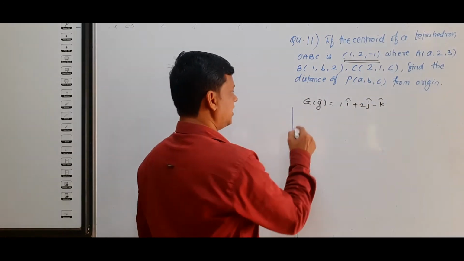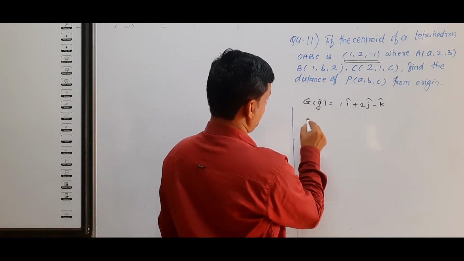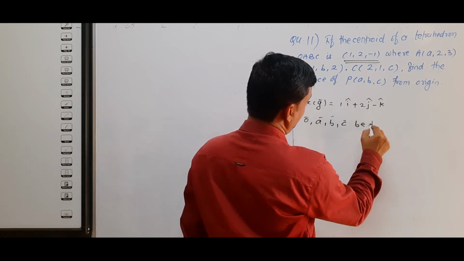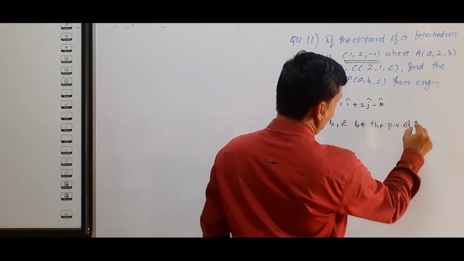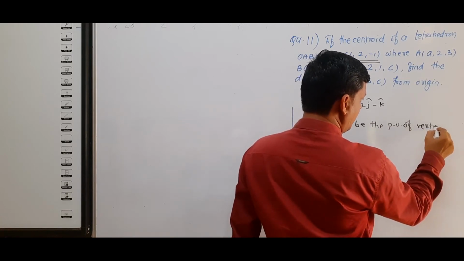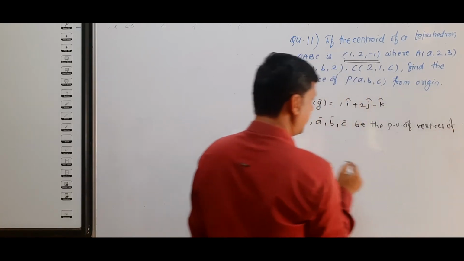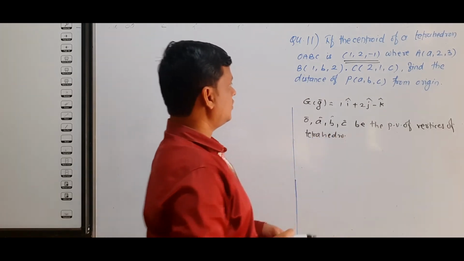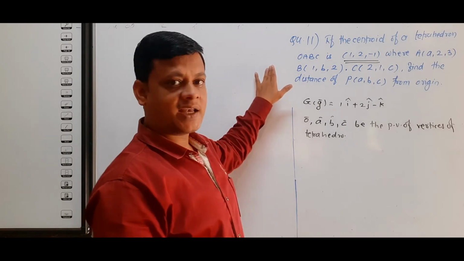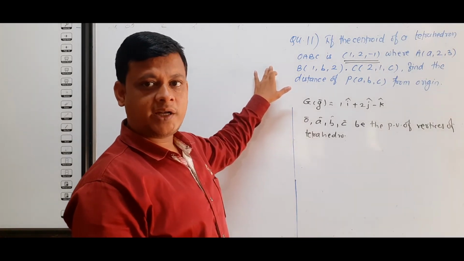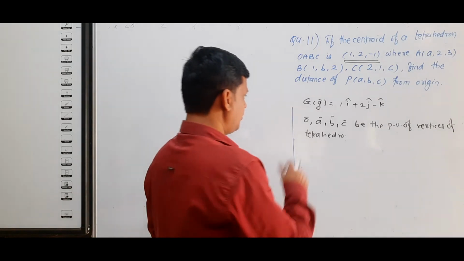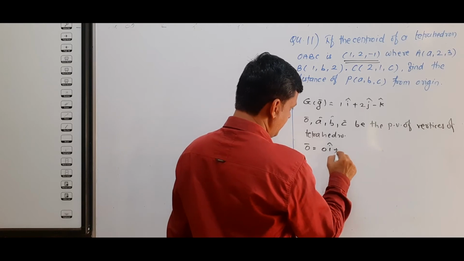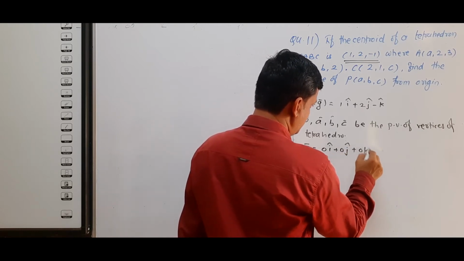So we consider here O bar, A bar, B bar, C bar to be the position vectors of the vertices of the tetrahedron. So the coordinates of A, B, C are given. The coordinate of the origin is (0, 0, 0). So we write here vector O as 0I plus 0J plus 0K.